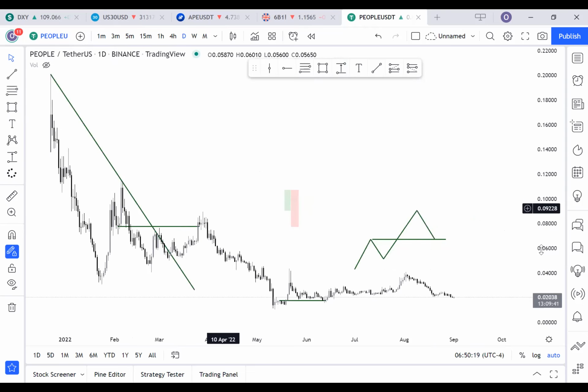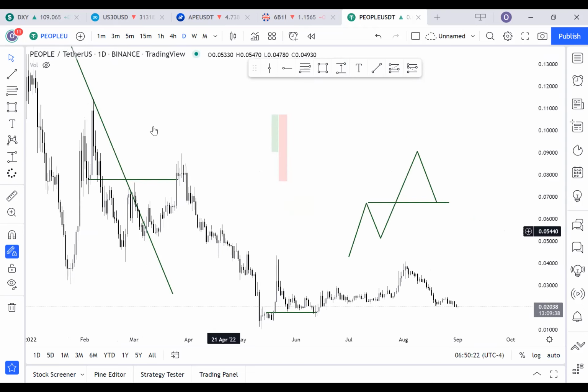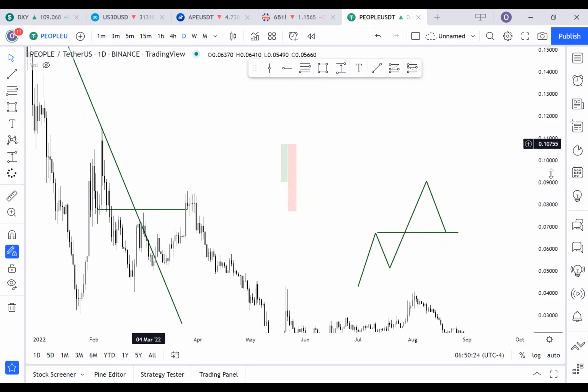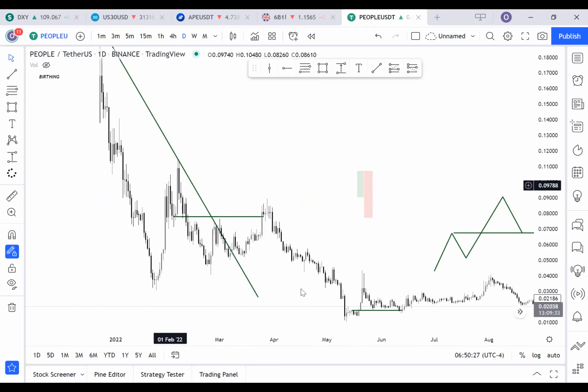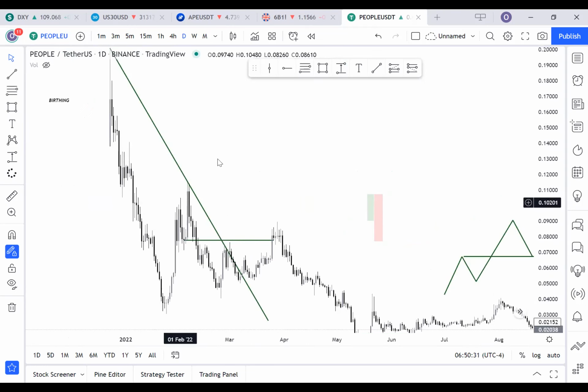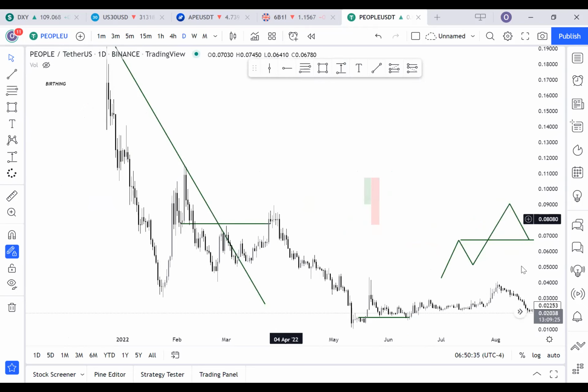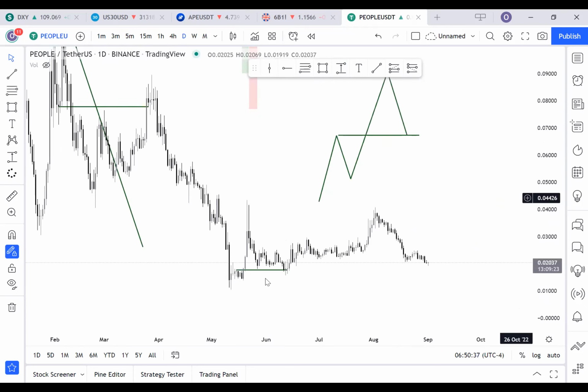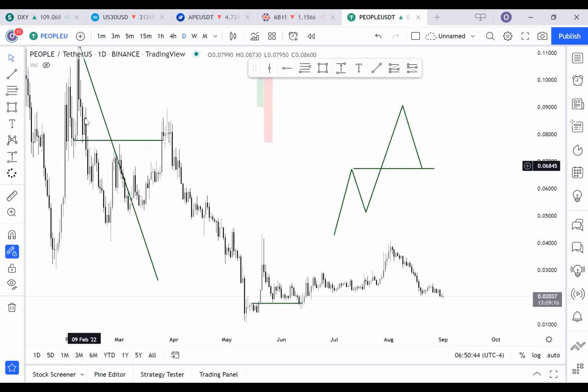So now that's a good example of continuation selling. I've explained a continuation selling case, and then I've explained a reversal case here. So this was the number one thing I explained, and this was the second case that you can have.